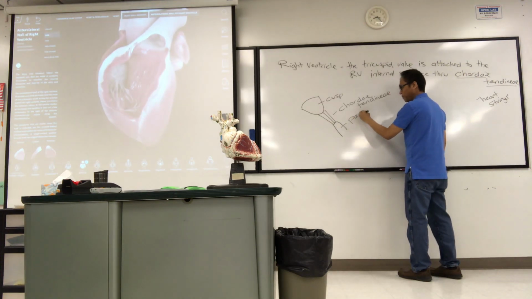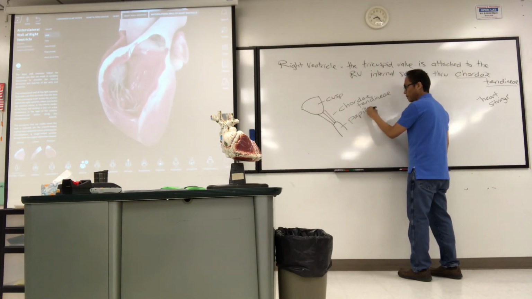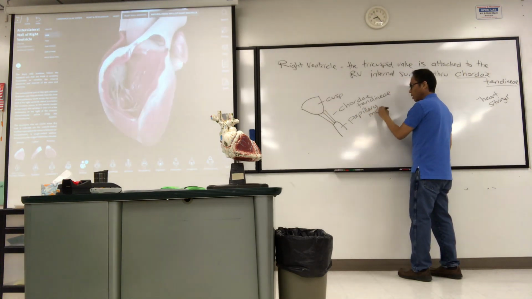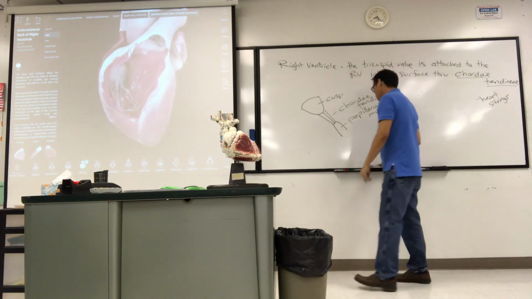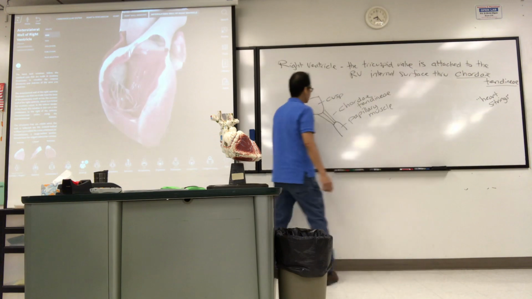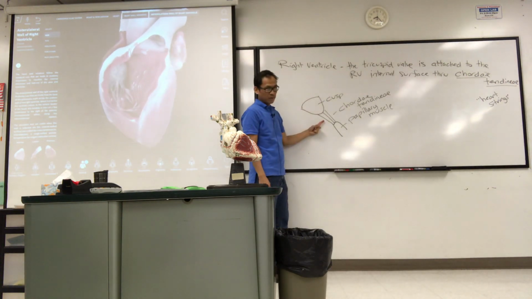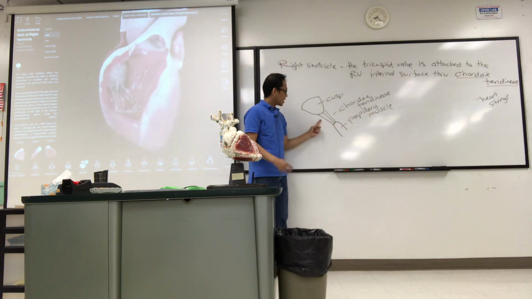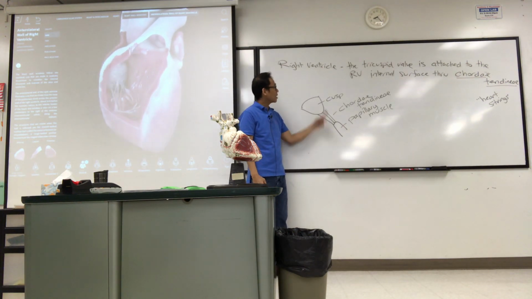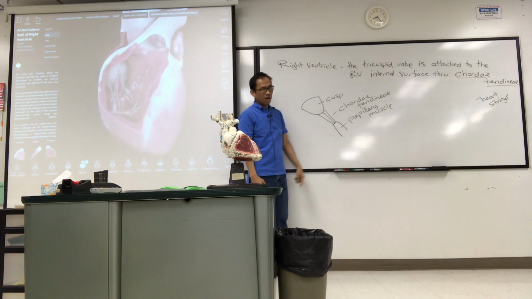Papilla means nipple. So the valve is the cusp, but it has the chordae tendineae too. It's a different structure. It's a tough, white, fibrous tendon that attaches it to this papillary muscle on the inside of the right ventricle there.